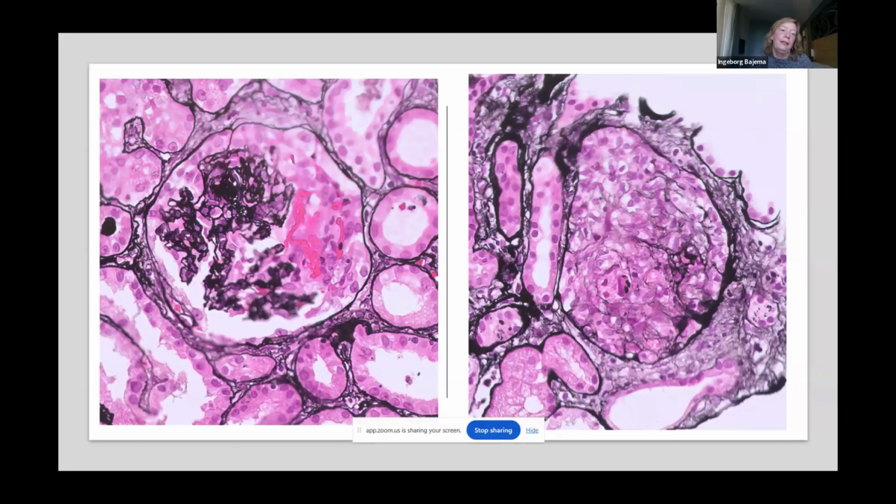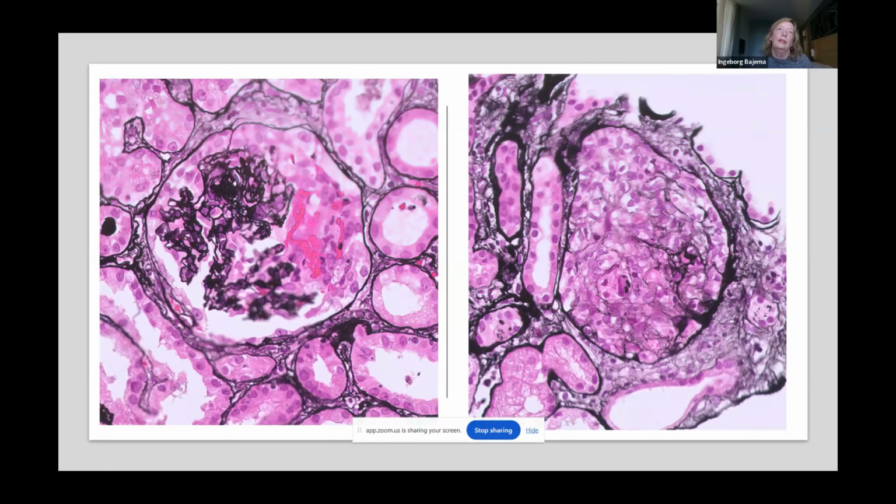It also holds for other patterns. Over here we see, for instance, crescents. They could be seen in lupus nephritis, but also, for instance, in ANCA vasculitis. And I'm just touching upon this because later on in my talk, I will return to this topic, namely that many of these patterns occur also in other classification systems of other diseases, like, for instance, the crescent in the MEST score.